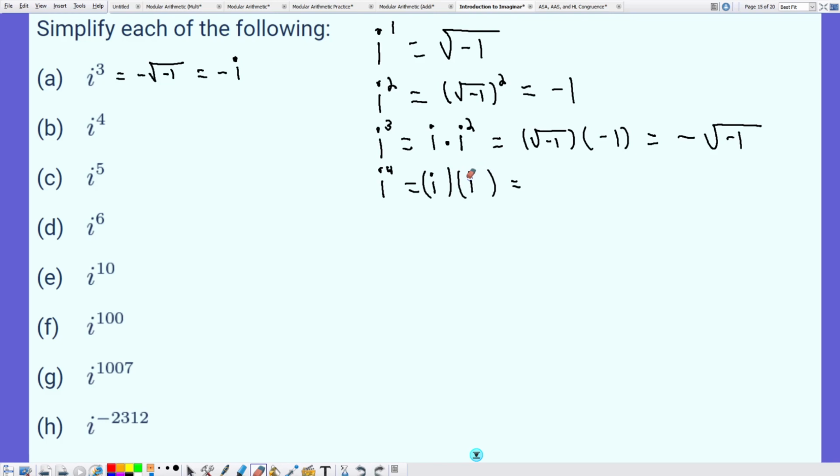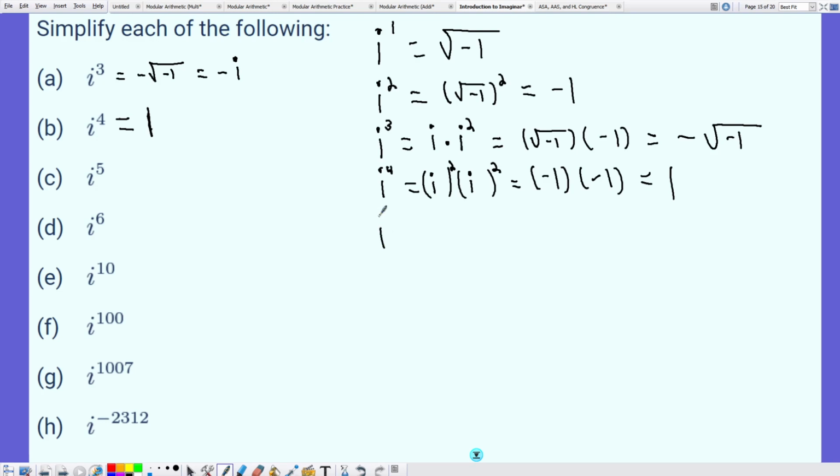Let's do that. i squared times i squared would become negative 1 times negative 1, which would become a positive 1. So this becomes positive 1. Interesting. Okay.